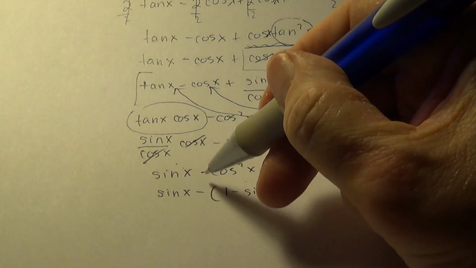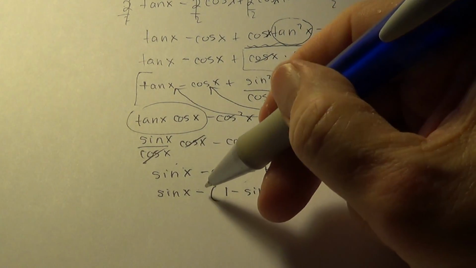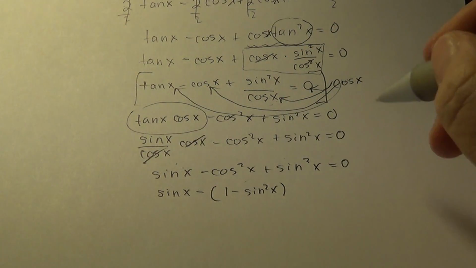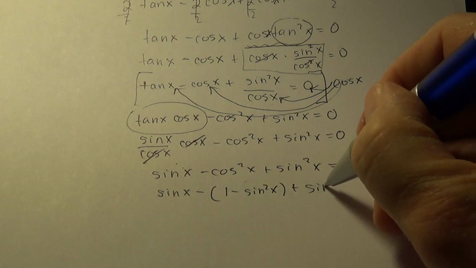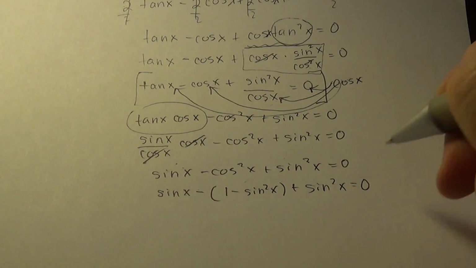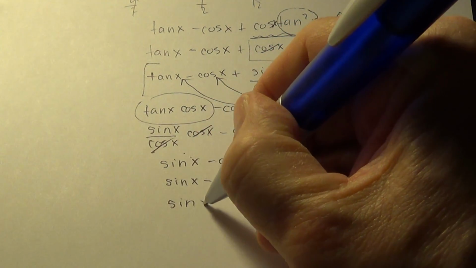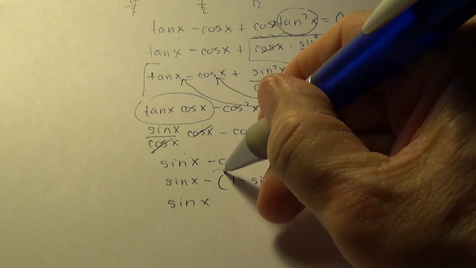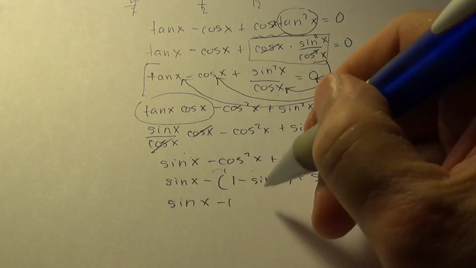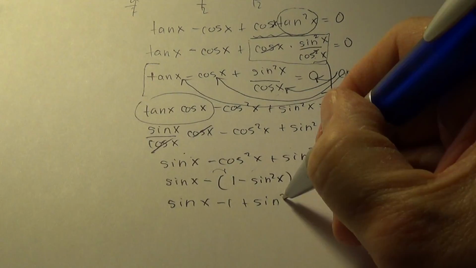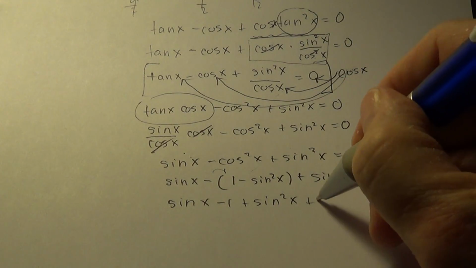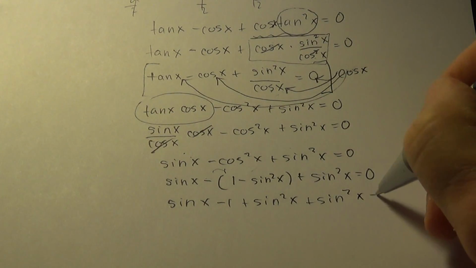But that negative sign stays outside of it and will affect both these terms. And then sine squared x equals 0. So this is looking peachy keen. So distributing the negative sign, negative 1 plus sine squared x plus sine squared x equals 0.